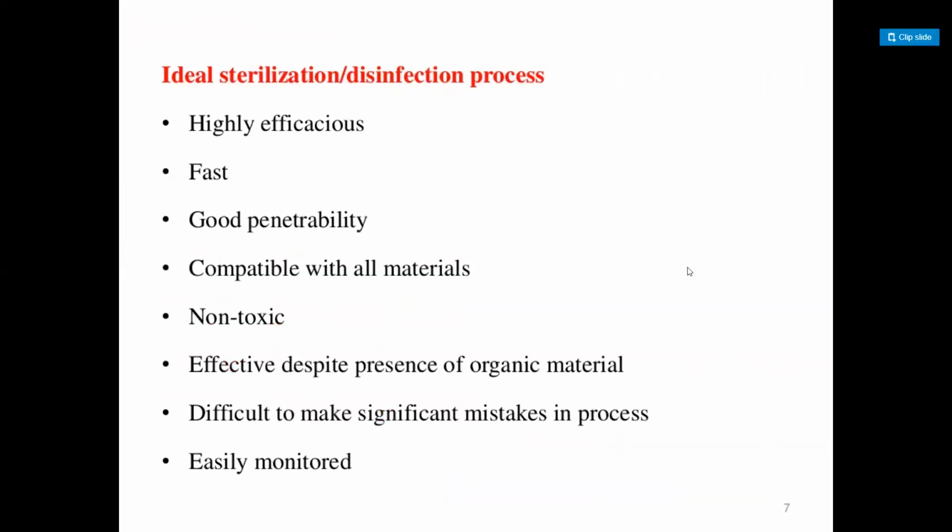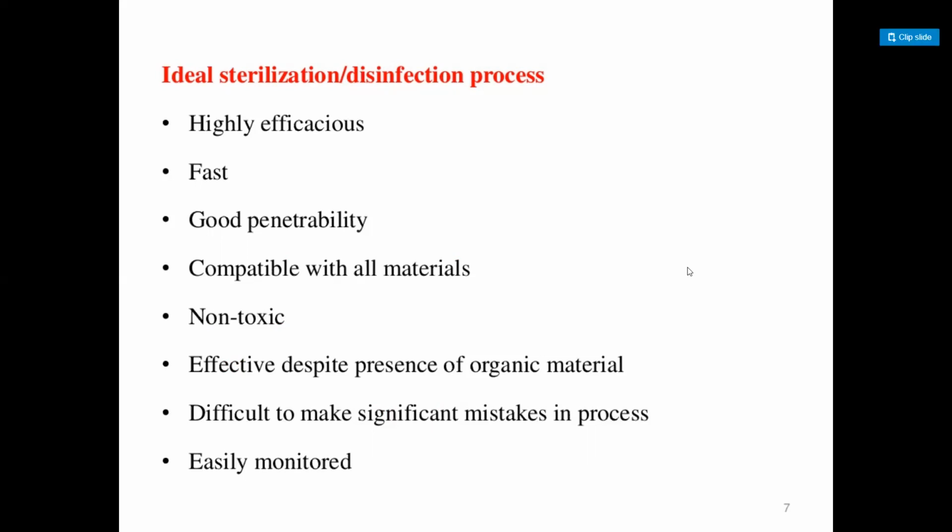Now, moving on to the ideal sterilization process, that means which processes can be called an ideal process. It should be highly efficacious, that means the efficiency of the sterilization should be high. The process should be fast, with good penetrability, meaning the sterilization chemical used can penetrate the surfaces, and compatible with all materials.